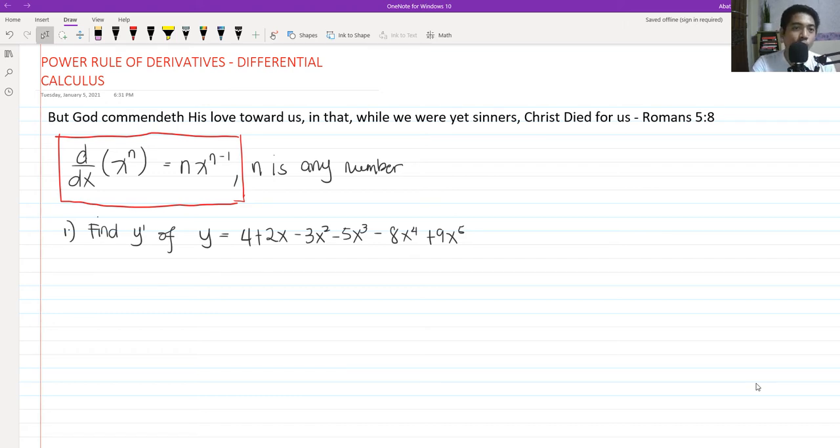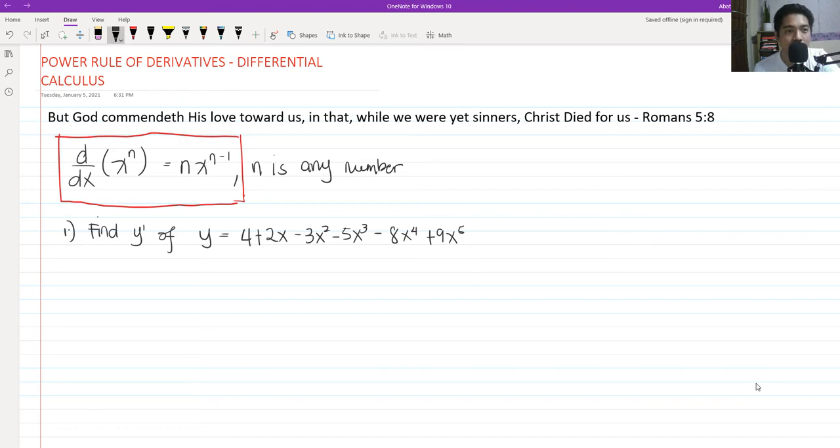So what is the power rule? For example, we have to get the derivative of this expression, x raised to n. If you get the derivative of that, the power rule simply states that this n will be multiplied by the same function, but the n exponent would be subtracted by 1.